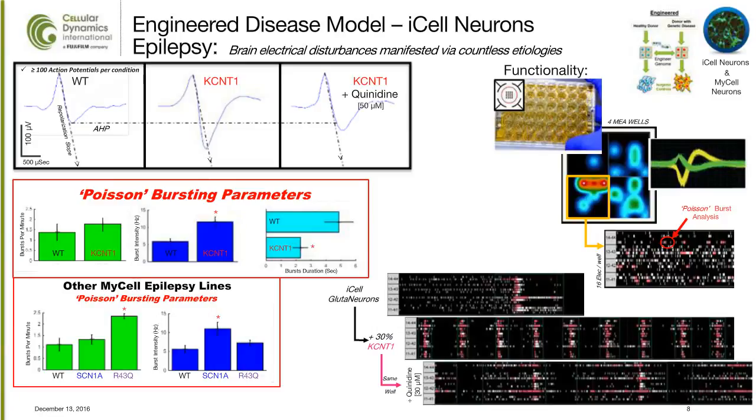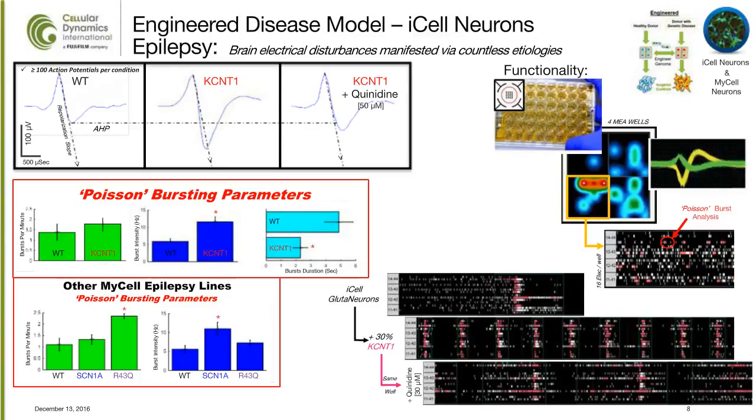On the Poisson bursting parameter level, we can see that the KCNT1 neurons display increased intensity values and decreased burst durations compared to their wild-type counterparts. Again, this increased burst intensity level is a concept of an increased electrical signal suggesting an epileptic phenotype.